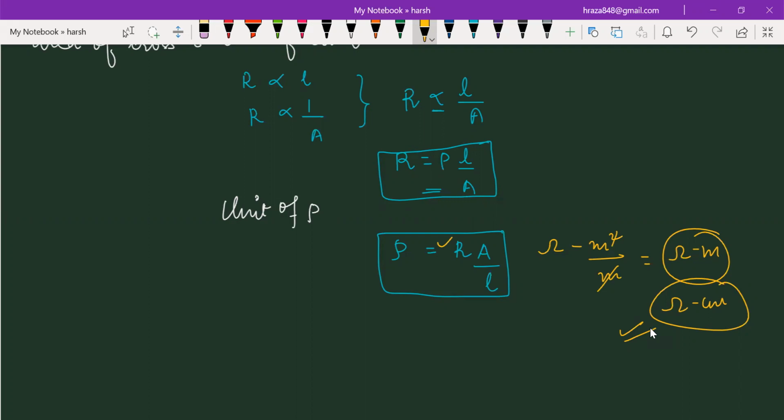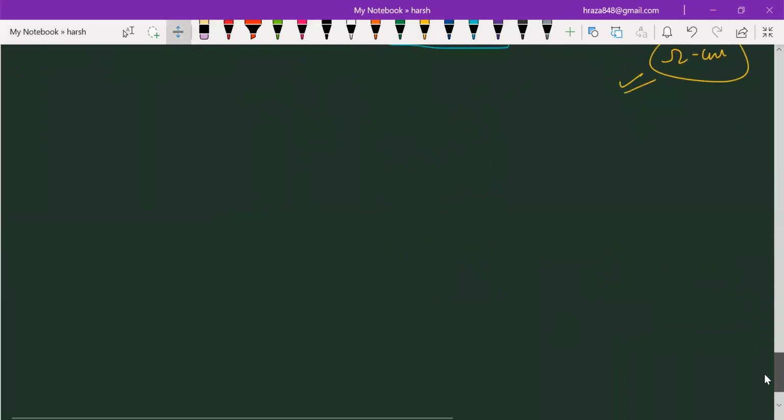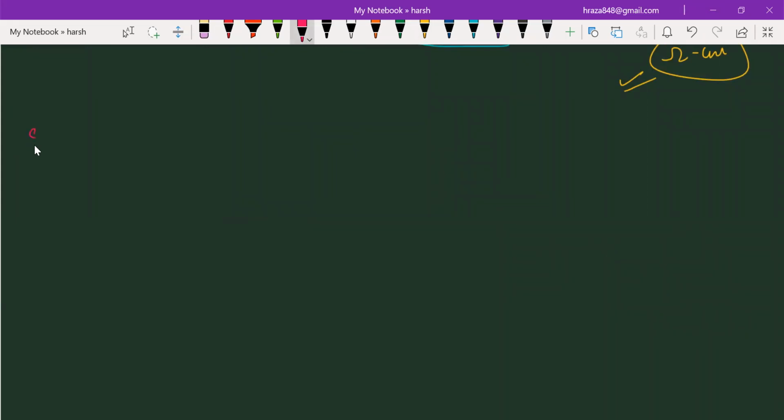Done, sir. Very good. So this was about resistivity. Now we have another term, specific conductance, or commonly called conductivity.